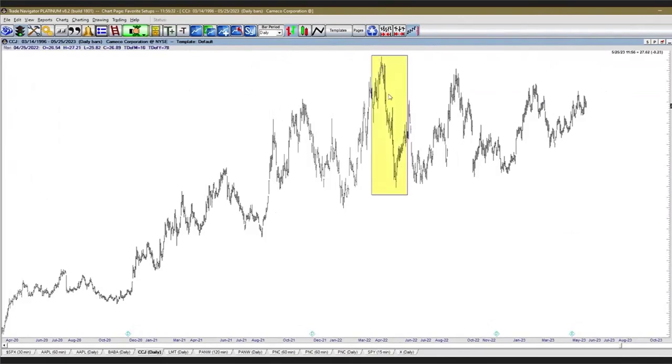It looks like it may be a 1, 2, 3, 4, 5. That's not the most compelling five-wave decline, but it could be counted that way. So I might just want to wait for a breakout of either there, or maybe there, before I would try to play the move.